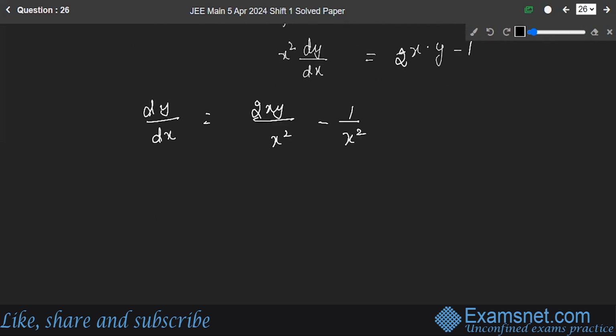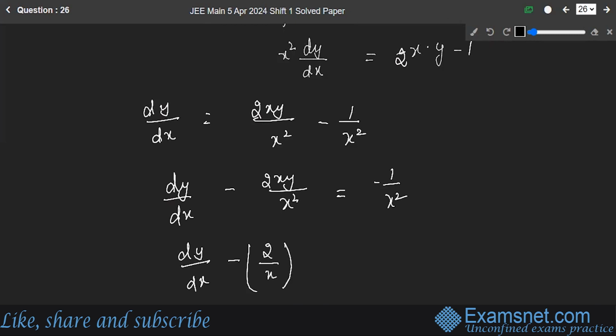Or dy by dx minus 2xy upon x squared, that is dy by dx minus 2 upon x times y, is equal to this.